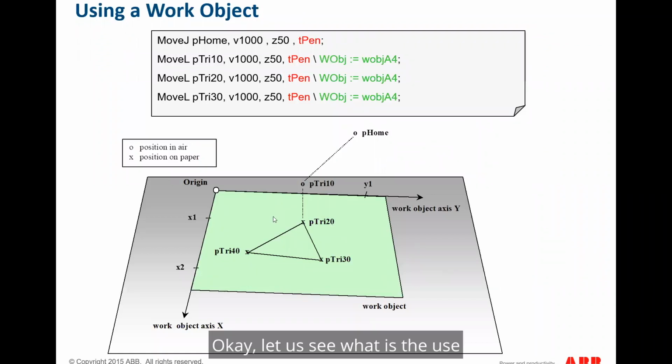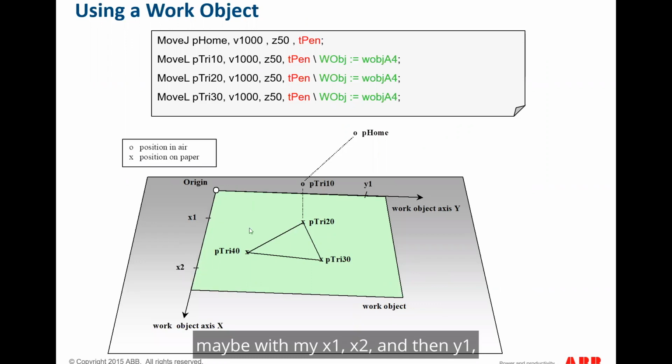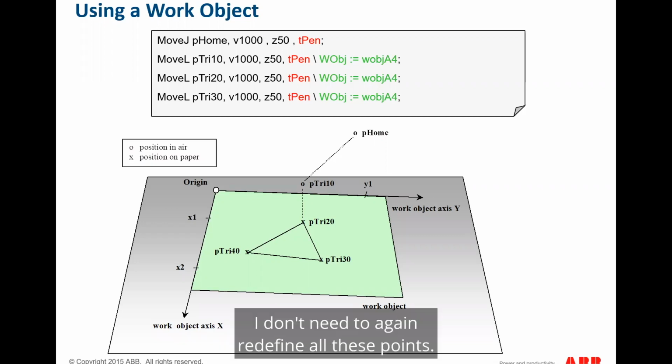Okay, let us see what is the use of using this work object. I have now defined this work object here, maybe with my x1, x2, and then y1. And then I have used a simple program to draw this triangle. Now, if I want to use the same program at a different location, I don't need to again redefine all these points.